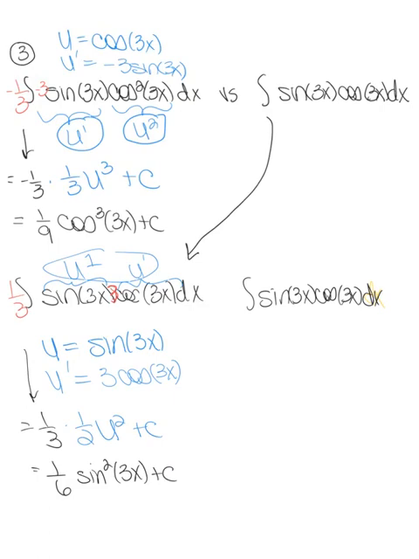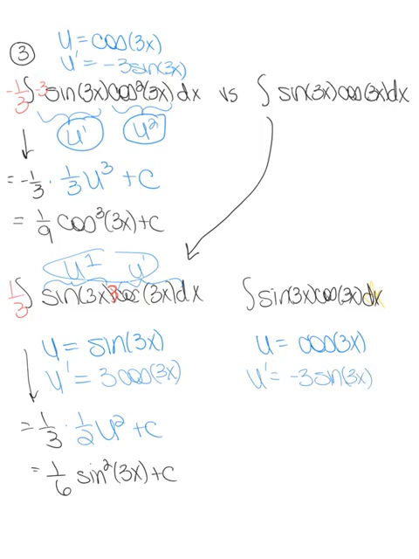Now, let's go ahead and look at the other option that I had on this, and I did mention it. It doesn't really matter which one you pick for u, because I will have the u prime no matter what. I could have just as easily let u be equal to the cosine of 3x, just like we did in the other part of our example up top. If I were to do that, then of course the u prime is going to be, again, a negative 3 sine of 3x.